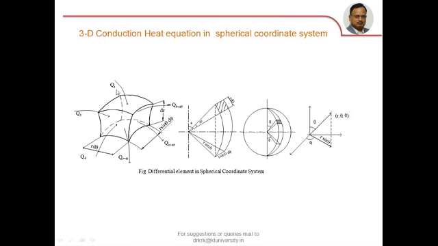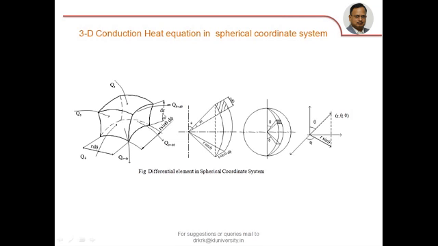I will come again. The dimensions of this three-dimensional spherical element are, one is dr, the other one is r d theta, and the perpendicular one is r sin theta d phi.